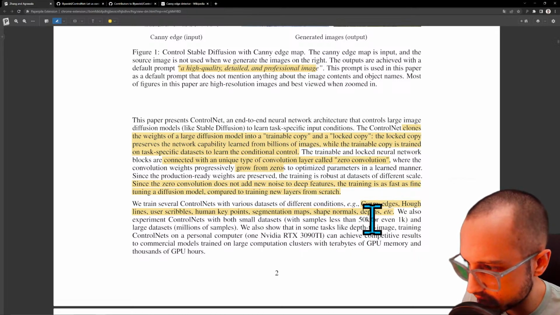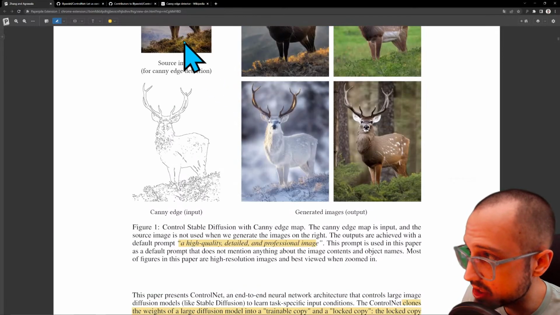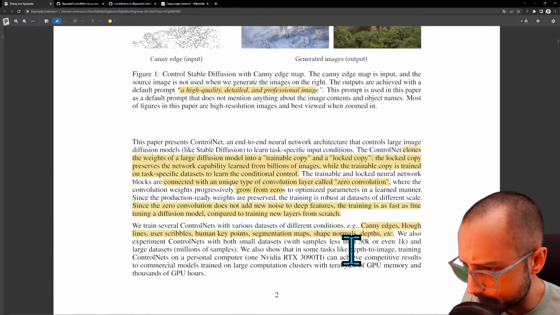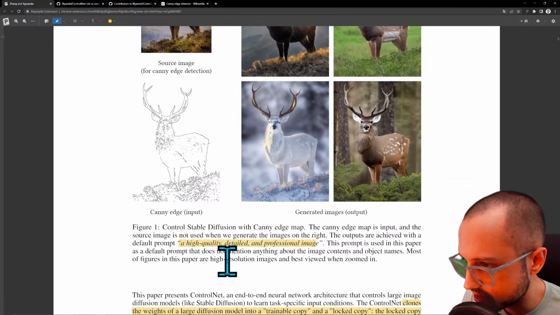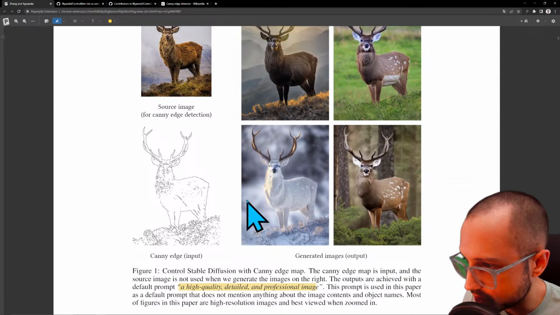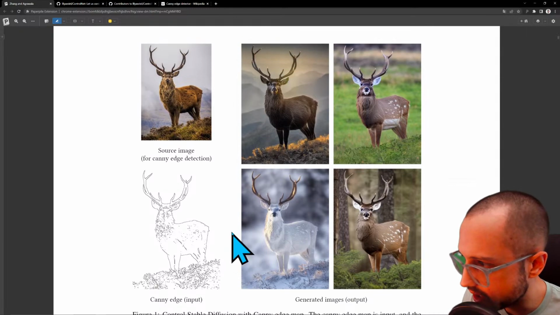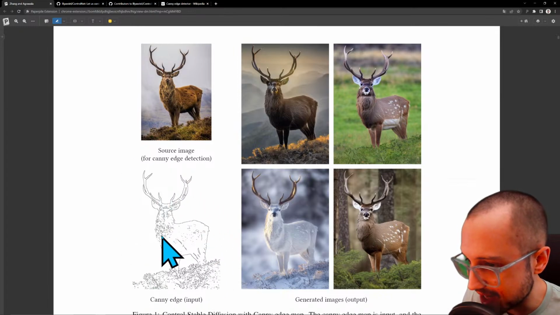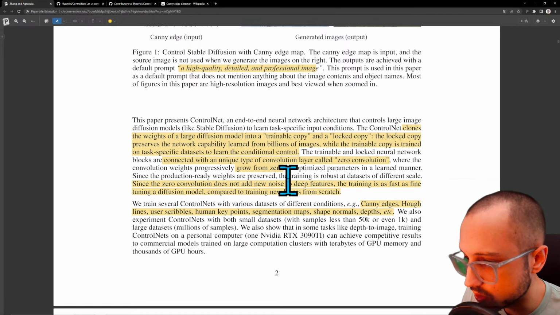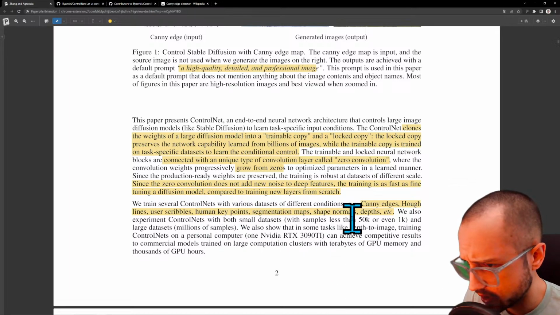So normally these were the outputs of a computer vision problem, and the input would be something like this. So it seems like they're bringing back all the different computer vision algorithms of ancient times, and using the output of those ancient algorithms as the input to control a diffusion model. So this is quite impressive.